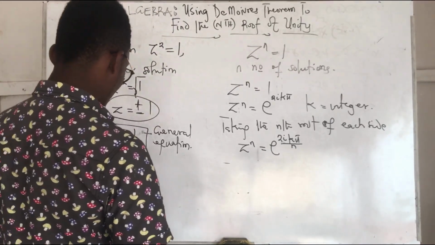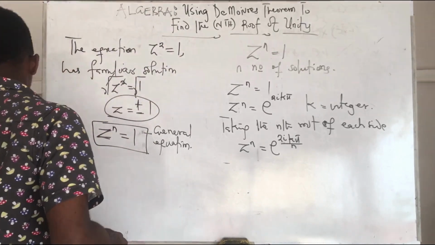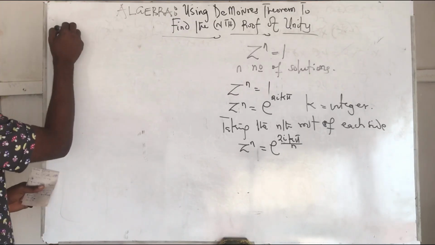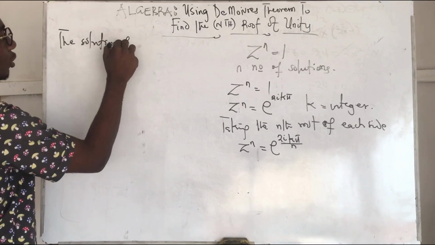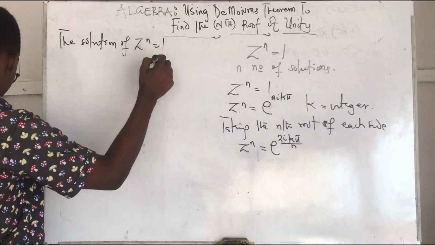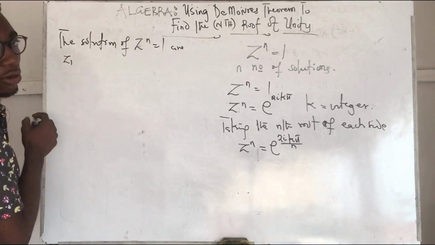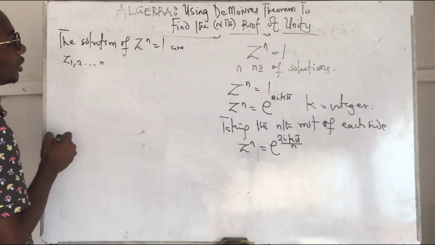Okay. So with this understood, the solutions of z^n equal to 1 number depending on n. You have z1, z2, up to zn.